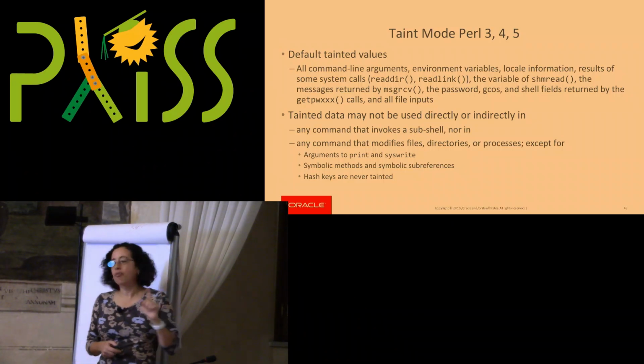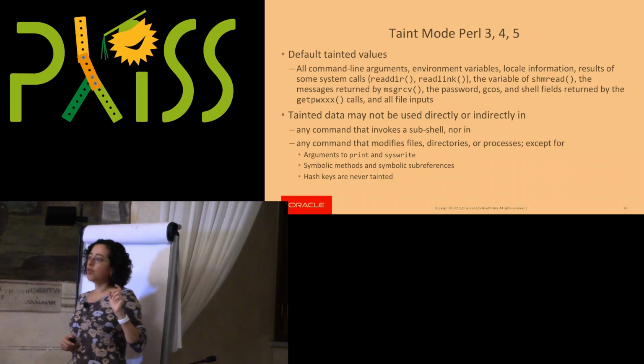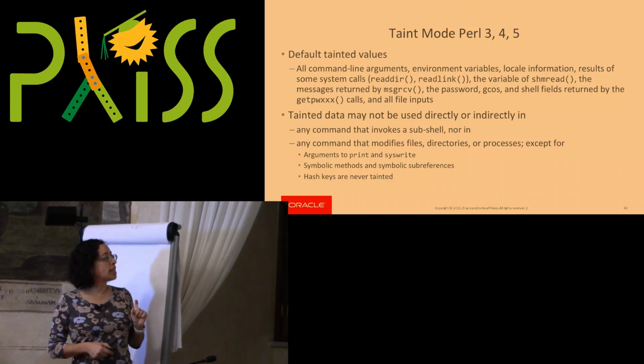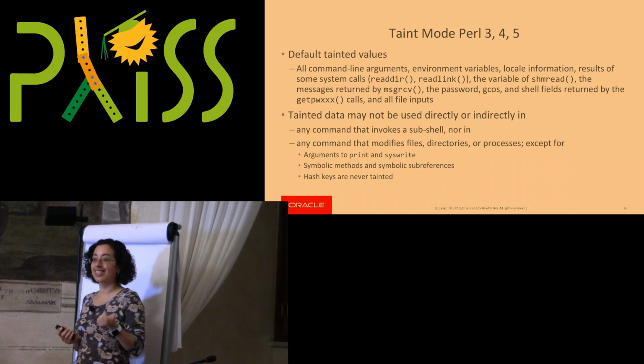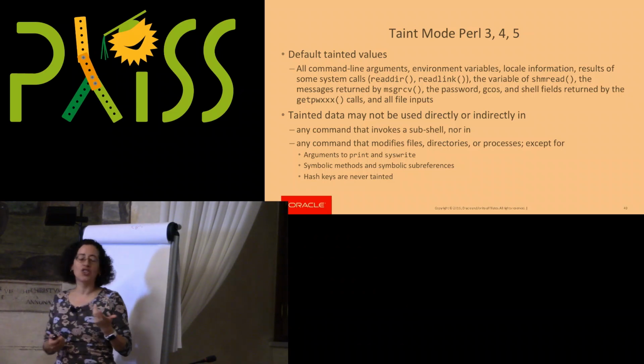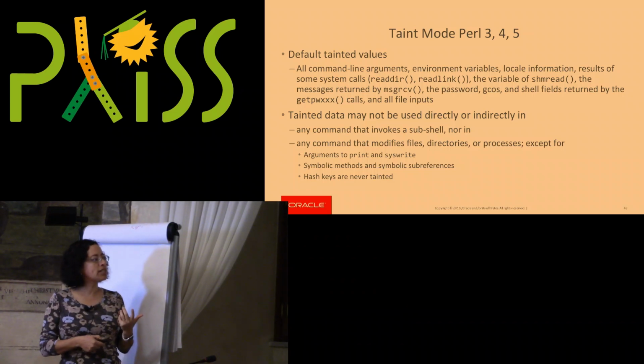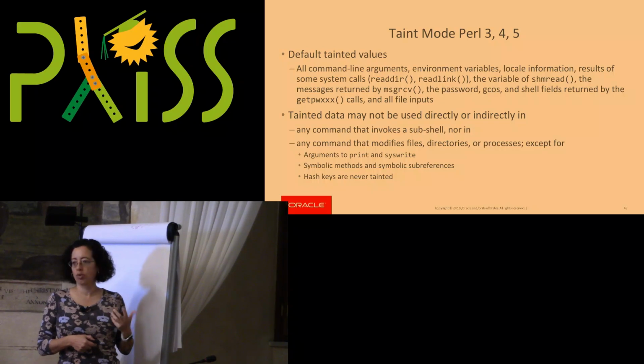But notice that they cannot do this for every single method. For example, arguments to print or to syswrite are examples of data that they don't track, because it's a little bit hard to know which cases make sense and which may not. That was a design decision, and notice that there are a few exceptions to the general rule.